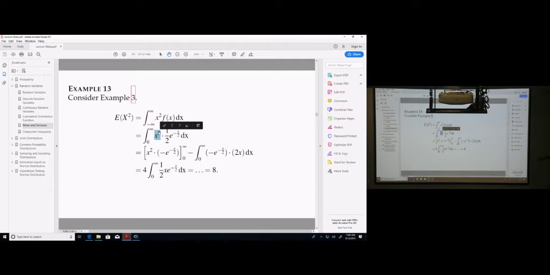So the power is actually reduced from x squared to x. And later on, you have to do it one more time, from x to the power 1 to x to the power 0, and then that would be a constant. So the x will disappear from the integration, and you will be basically integrating the exponential function alone. Okay, so it's a little bit tedious, but it's good exercise.